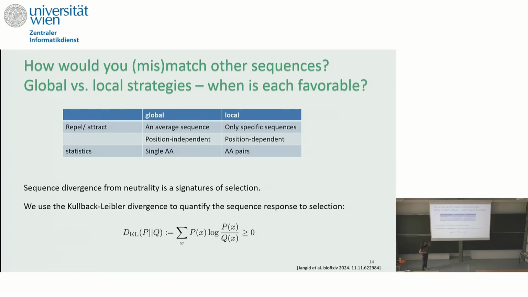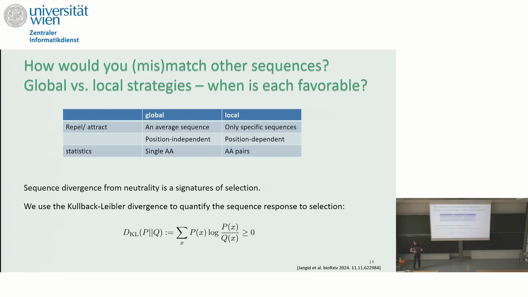Before I show the results, generally speaking, we thought of two main strategies in which a sequence can match or mismatch, which we call the global and the local strategies. You can also call them broad and narrow. I think something similar is known from the immune system. Global means that the sequence is on average attractive or repulsive towards an average partner or anti-partner.